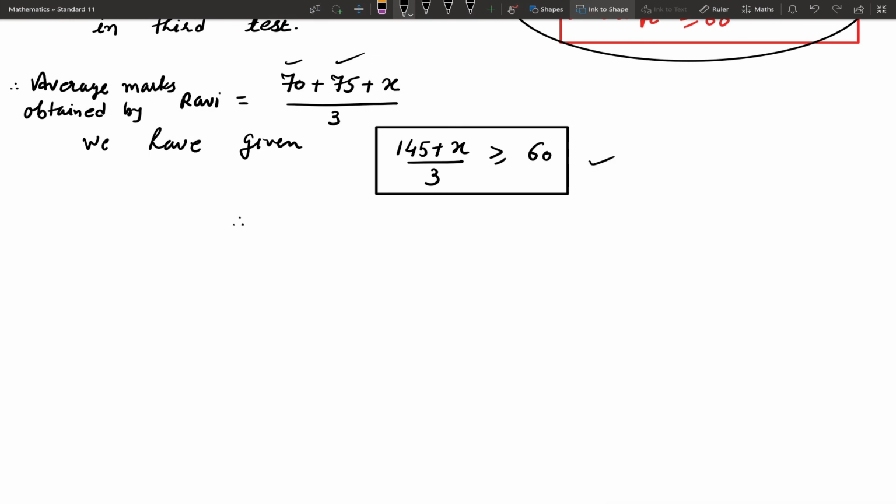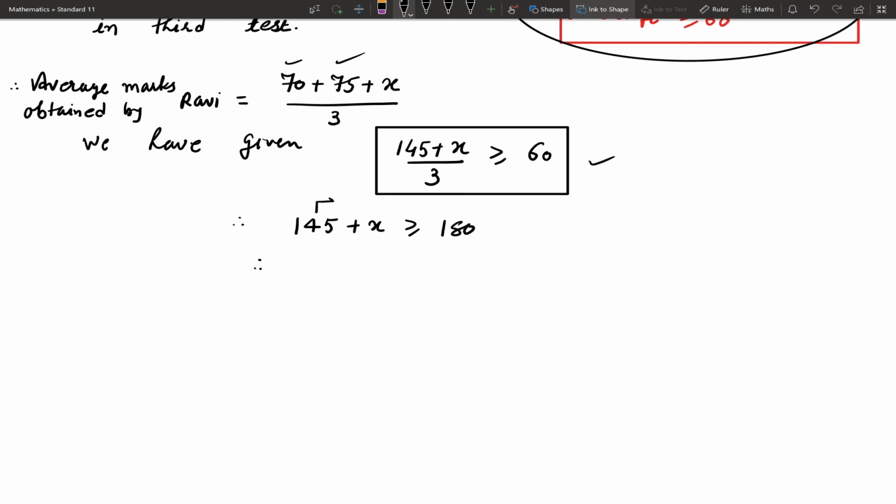Now let us solve this one. As usual multiply by 3, so 145 plus X is greater than or equal to 60 into 3, 180.